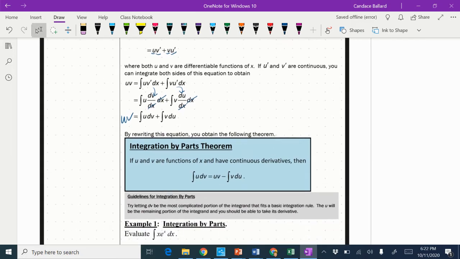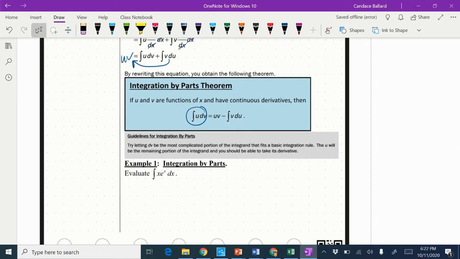And if we were to rewrite that a little bit, we would have to subtract this to the other side, and that gets us the integral of u dv. So when you see something like this, we want to try letting the dv be the most complicated portion of the integrand that fits a basic integration rule that we know.